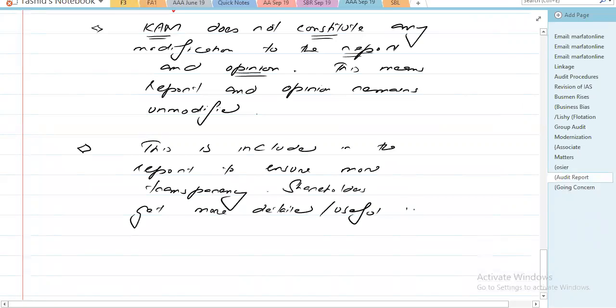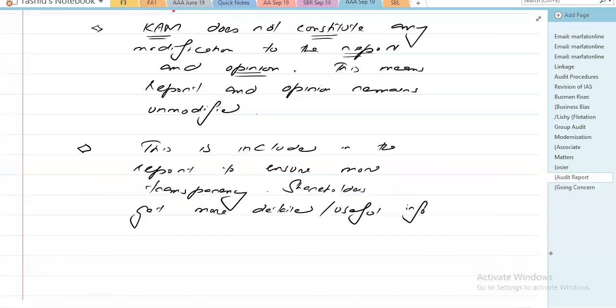Now, what do I mean by this? When there was no CAM in the unmodified report, you just explained management responsibility, auditor's responsibility, and the opinion. There was not even a basis of opinion. You were just giving them the report: this is our responsibility, this is your responsibility, and the financial statements are true and fair. That's it.